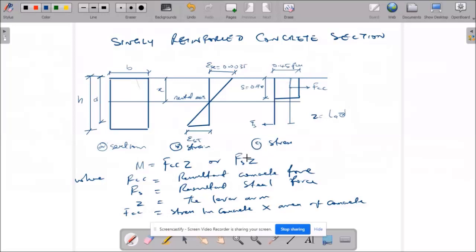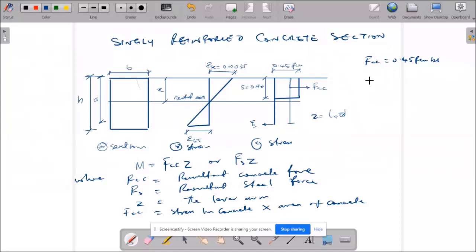So our FCC will be equal to 0.45 FCU BS. That's the force in concrete.